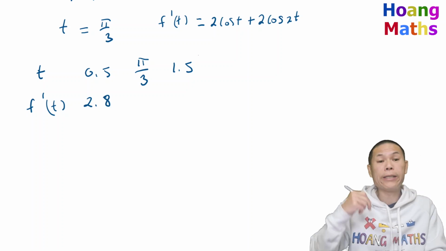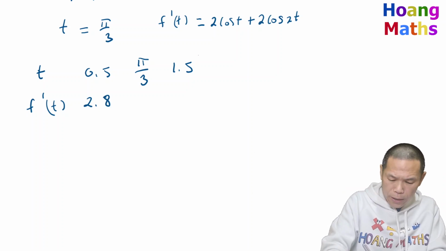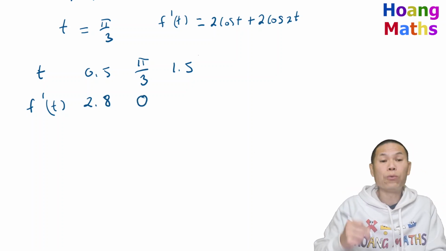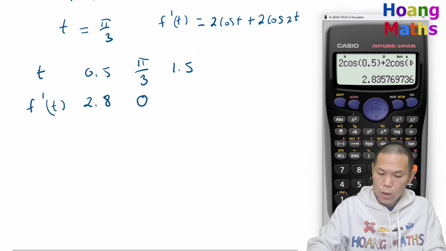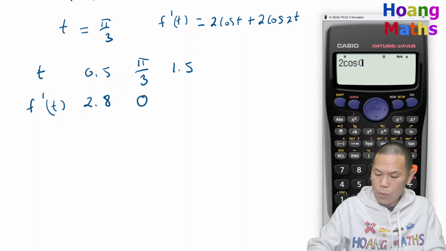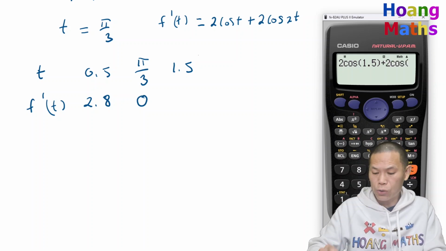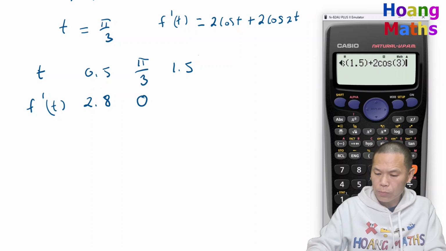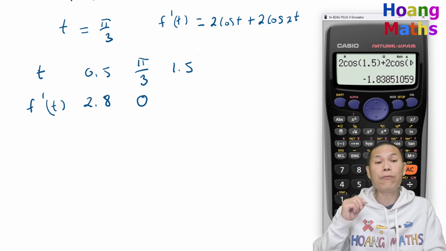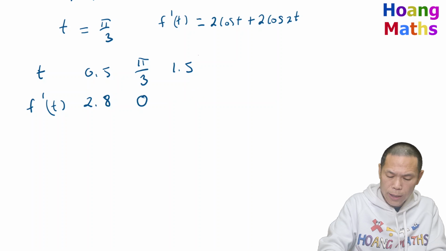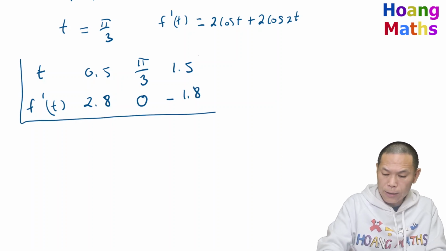And when t is pi over 3, it becomes 0. Now, when t is 1.5, 2 cos 1.5, close bracket, plus 2 cos of 2 times 1.5, which is 3, so cos of 3, close bracket. So negative 1.8. So that is the testing.